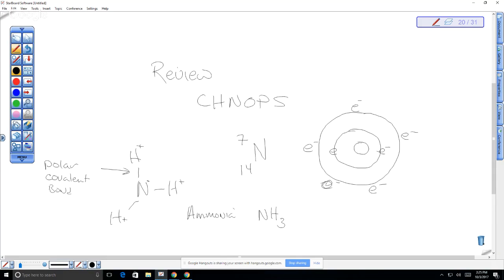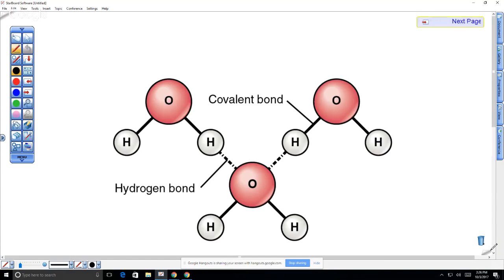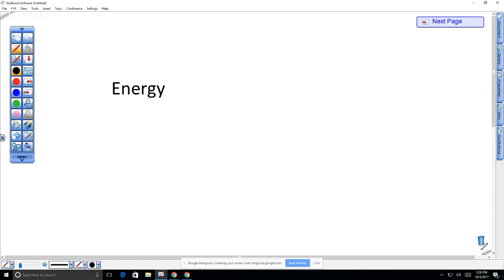So let's look at energy as it relates to atoms and how it relates to molecules. When we talk about energy, energy can be defined as the ability to do work.